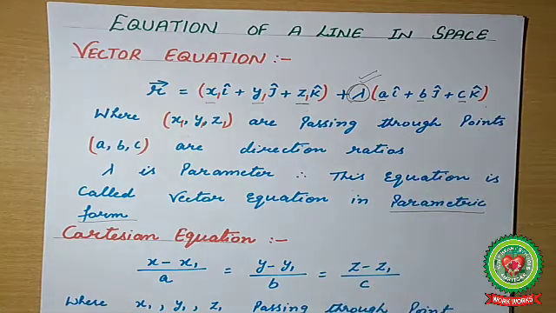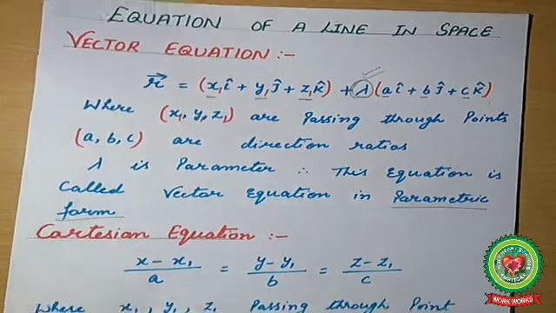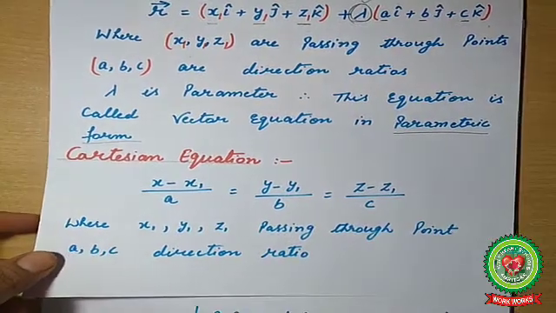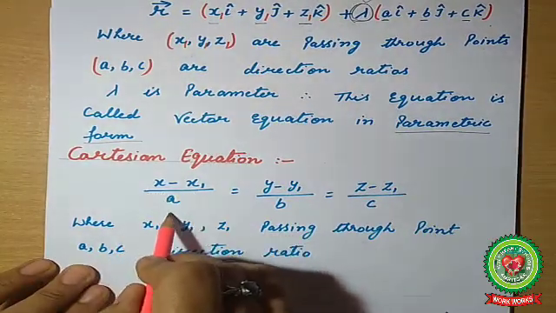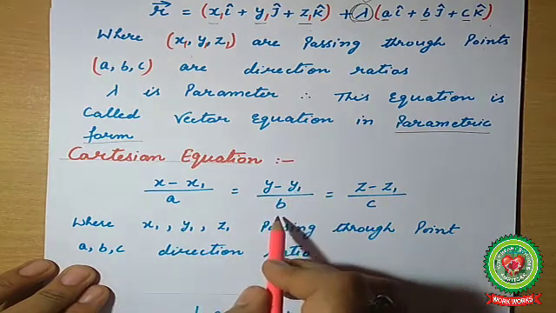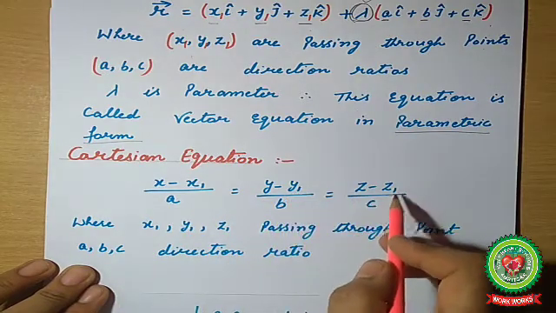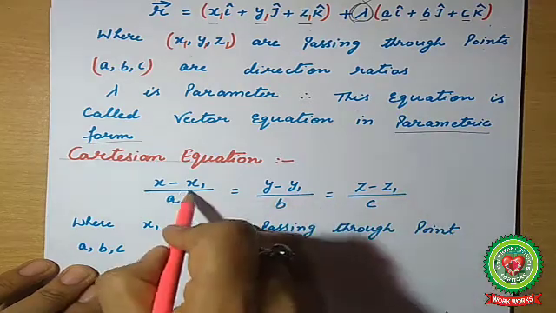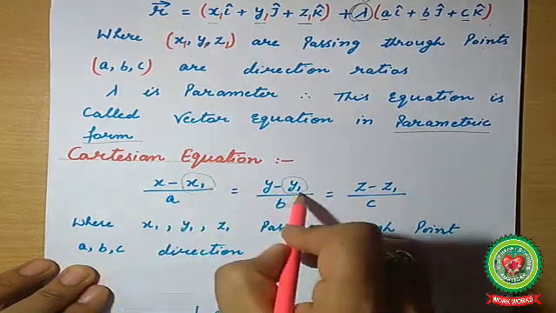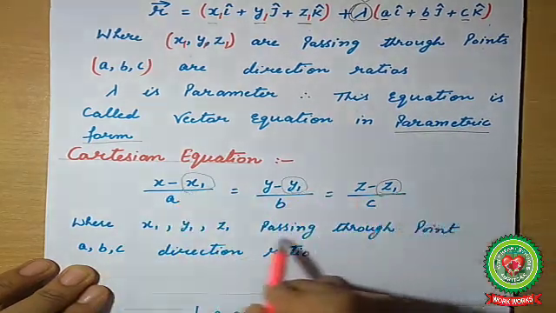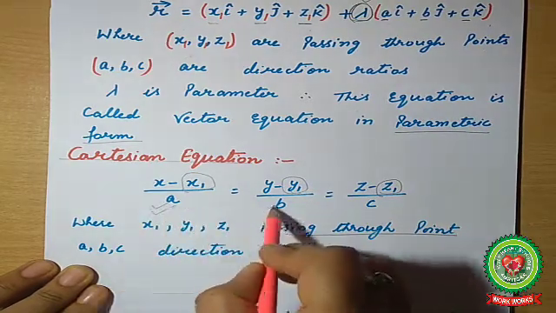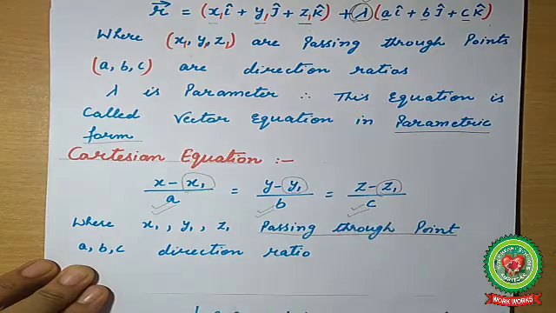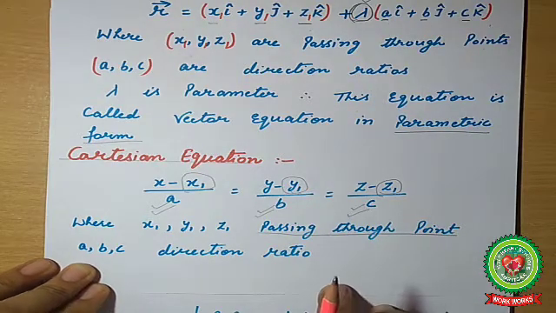Now, the other equation is the Cartesian equation. The general form of the Cartesian equation is (x minus x1) upon a equals (y minus y1) upon b equals (z minus z1) upon c, where x1, y1 and z1 is the point the line passes through and a, b, c are the direction ratios.